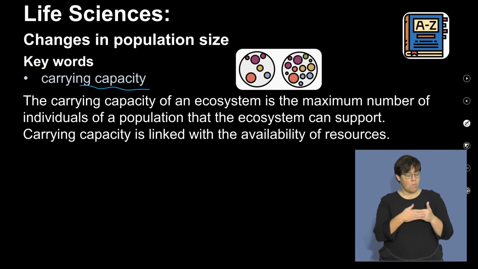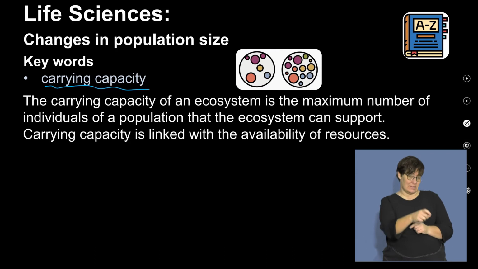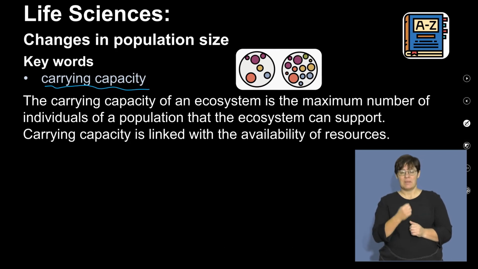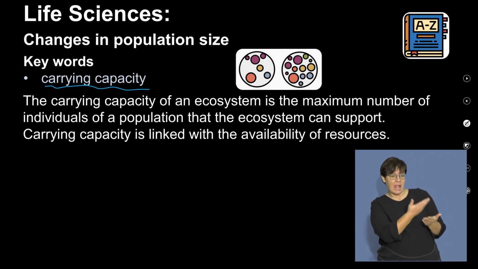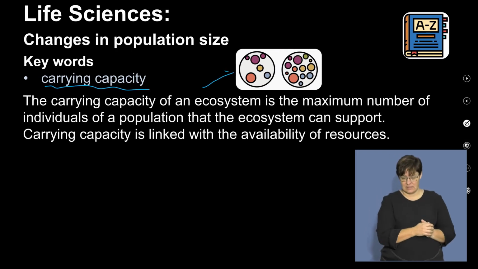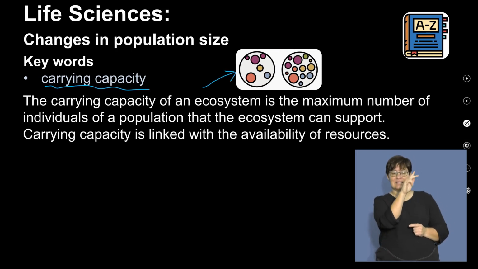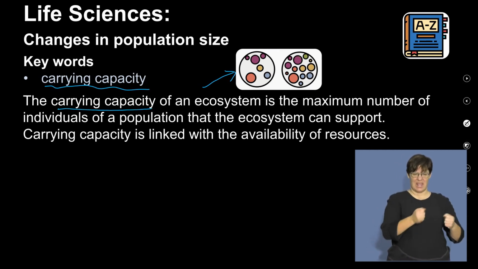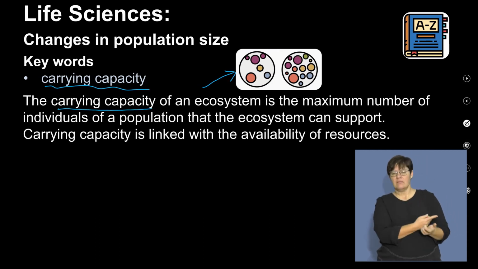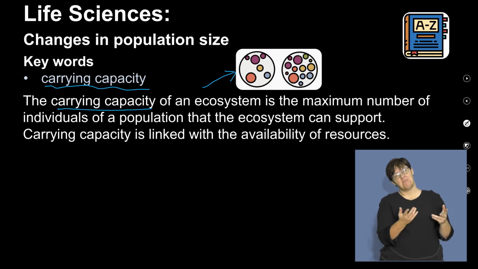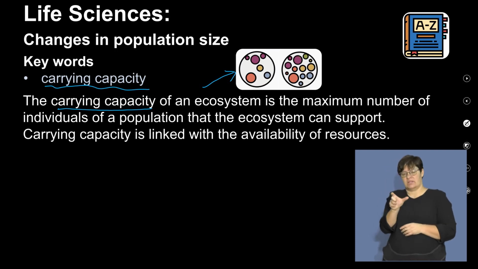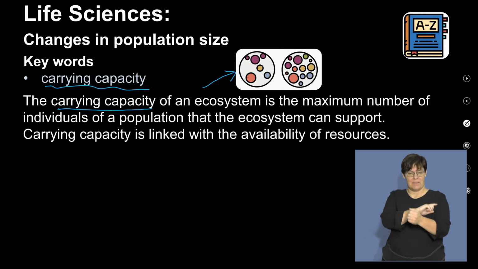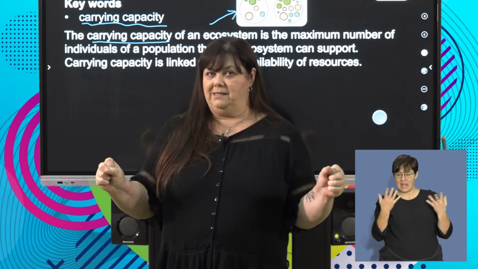Another key word that you need to be familiar with is carrying capacity, and it links to our idea of density. When we talk about the carrying capacity of something, let's once again think of it in terms of normal English. I have 2 hands.